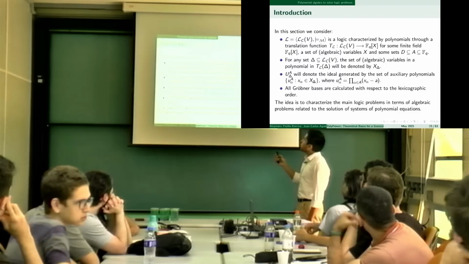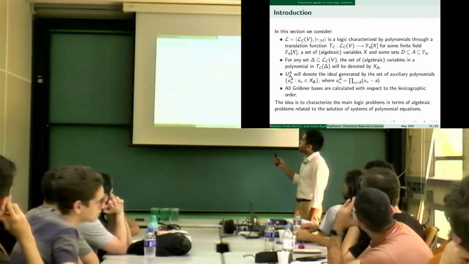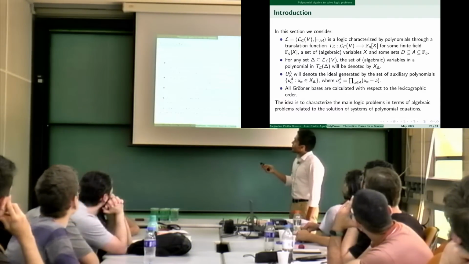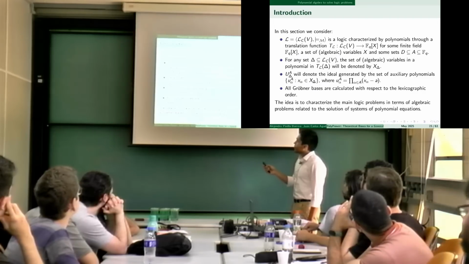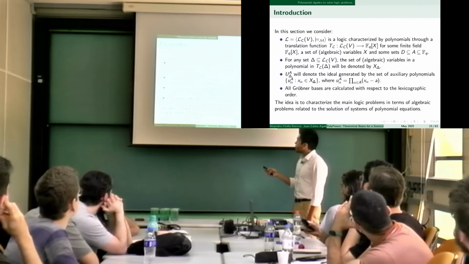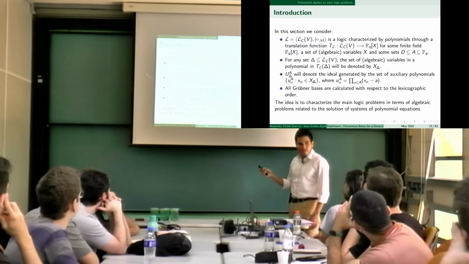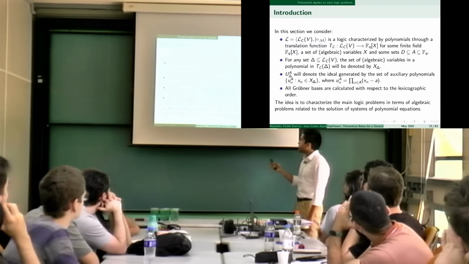And this logic has a set of possible true values and the set of designated true values, okay? We will simplify the notation in this regard, and the same applies here with the ideal generated by auxiliary polynomials, okay? And at the end, for Gröbner bases, we need a monomial order. In this case, we will consider the lexicographic order, okay?